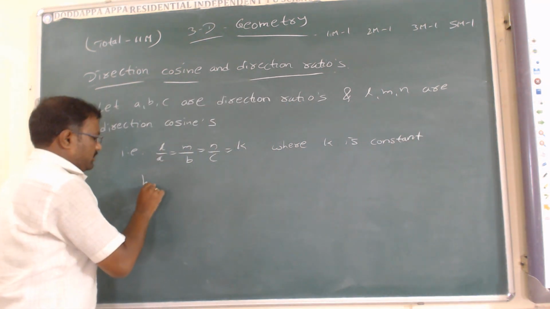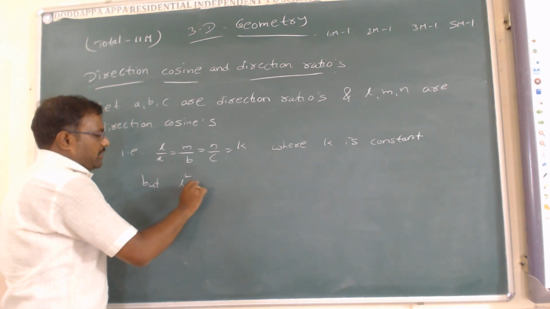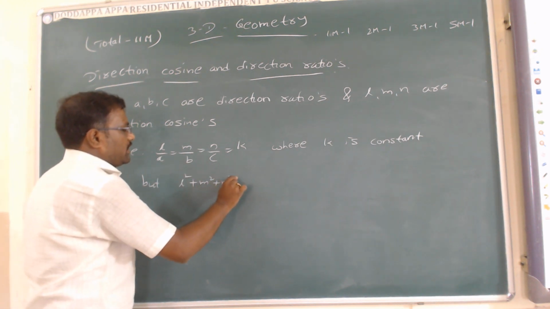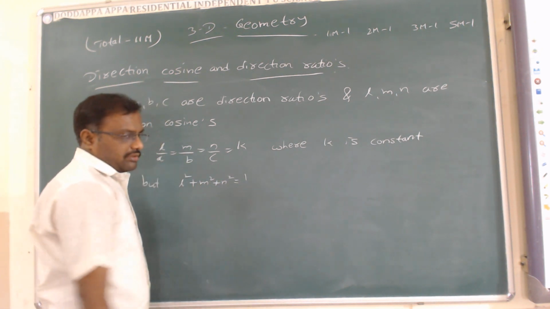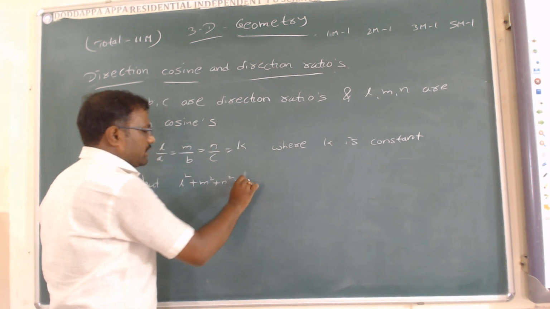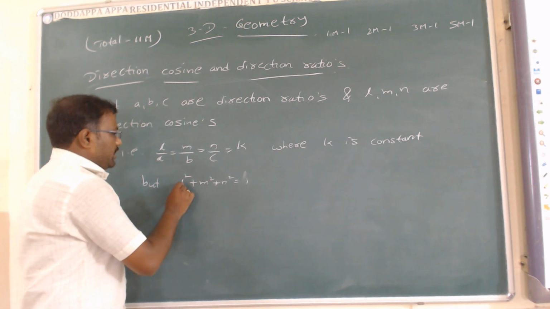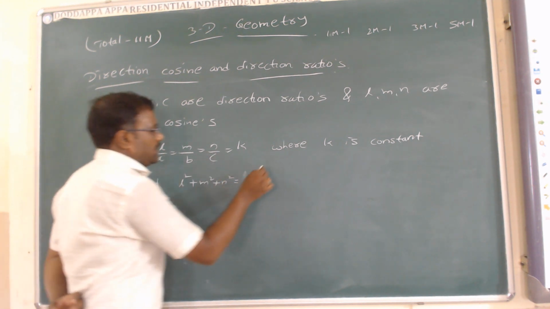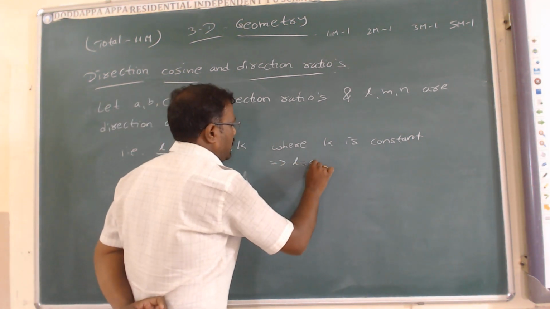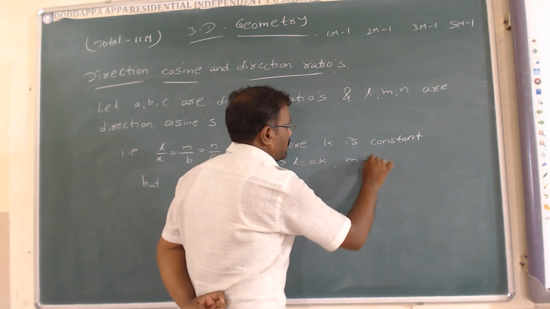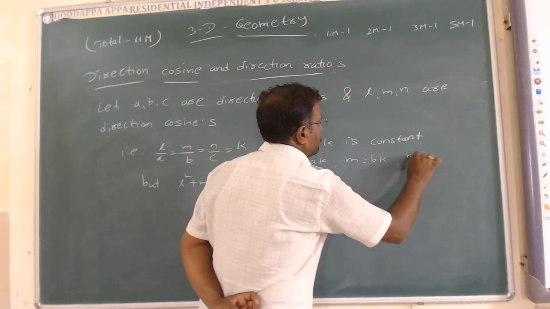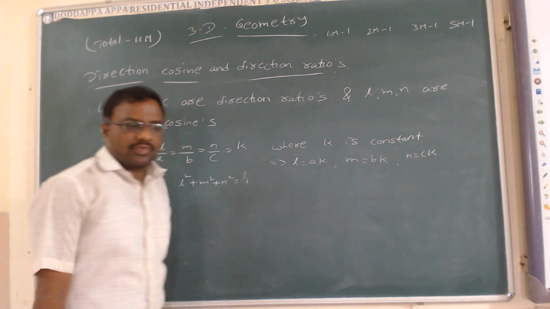But we know that l square plus m square plus n square is equal to 1. Now l is equal to ak, m is equal to bk, and n is equal to ck, right?